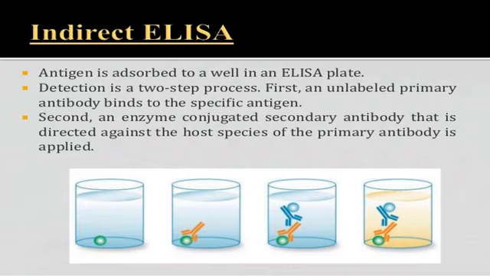We add this serum containing these antibodies, and then we add the secondary antibodies, which are enzyme linked. Then the color develops when adding the substrate. That means the patient is HIV positive. Whereas if the serum does not have these antibodies, the color will not develop, and this confirms that the patient is HIV negative.